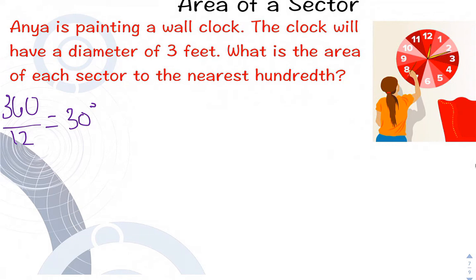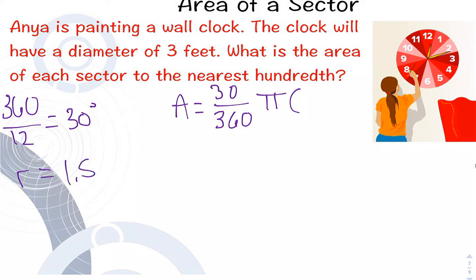So then if I plug this in, my area, remember, 30 over 360 times pi times my, what did I almost do wrong? This has a diameter of 3 feet. So what is the radius? The radius is 1.5, right? So I type 1.5 squared. Okay, so again, let's just go ahead and approximate this. We know zeros will cancel out, so then this comes out to 1/12.